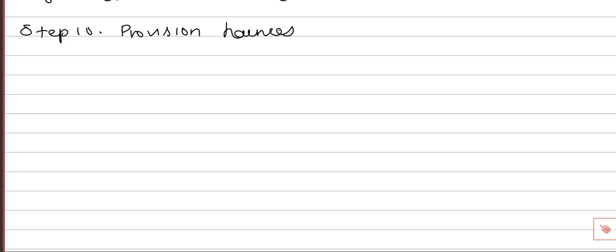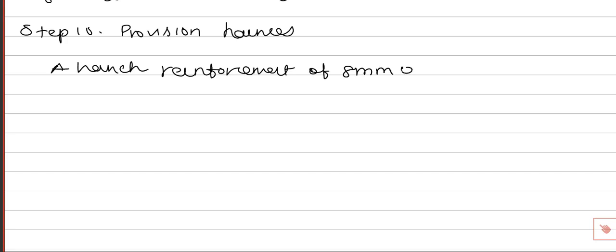So let's provide a haunch reinforcement of 8 mm dia at 220 mm center to center.